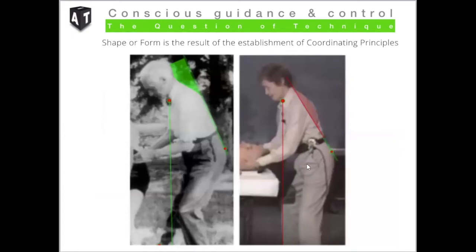We have Marjorie Barlow, and she's a student of Alexander, of course, and a teacher, a well-known teacher. And when I compare their expression of the coordination of the movements of the parts of the torso, suddenly there is something that is surprising. That the translation of the first coordinated principles is completely different.